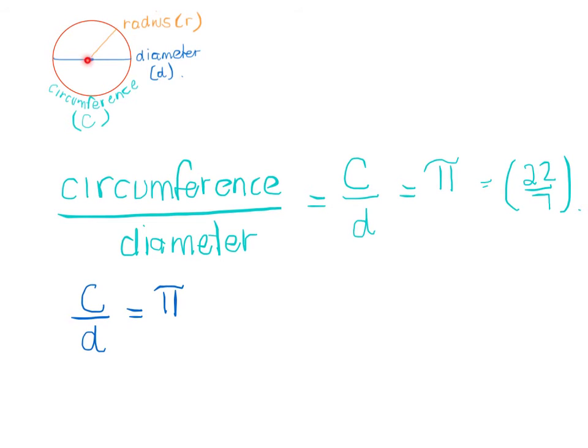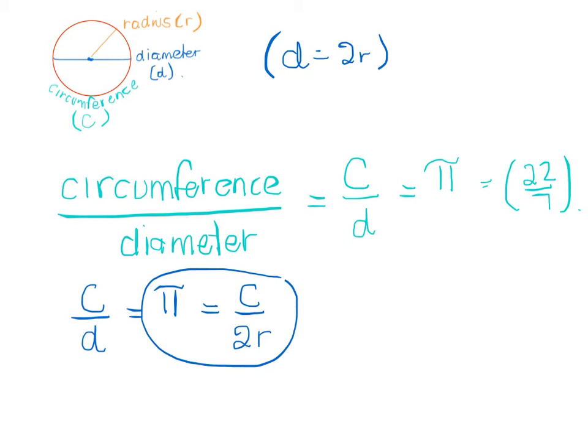It's actually made up of two radiuses, that one and that one. So D is actually equal to 2 times R. So in this formula we can write, instead of D, C divided by 2R is equal to pi. So there it is.